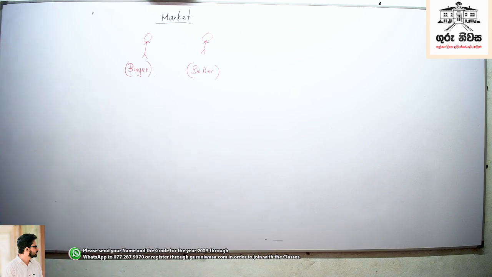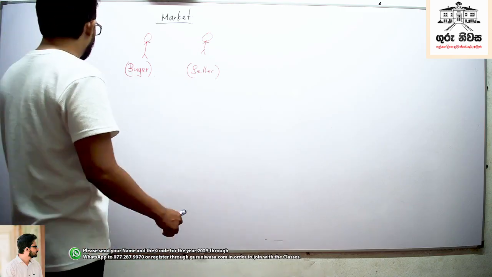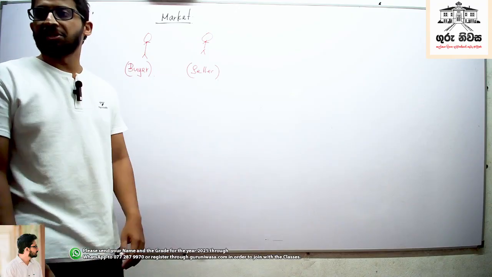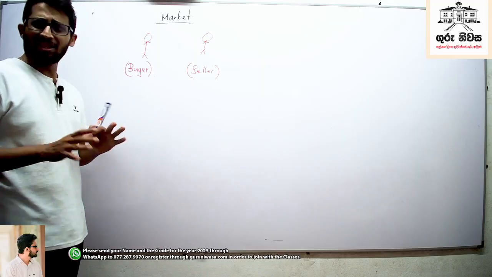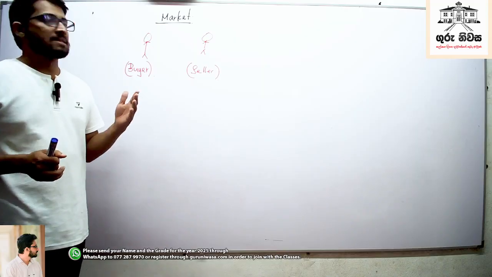There are different types of markets like goods and service market, labor market, foreign exchange market, share market, capital market, treasury bills and treasury bonds. There are so many markets. Here, remember I'm talking about the goods and service market.